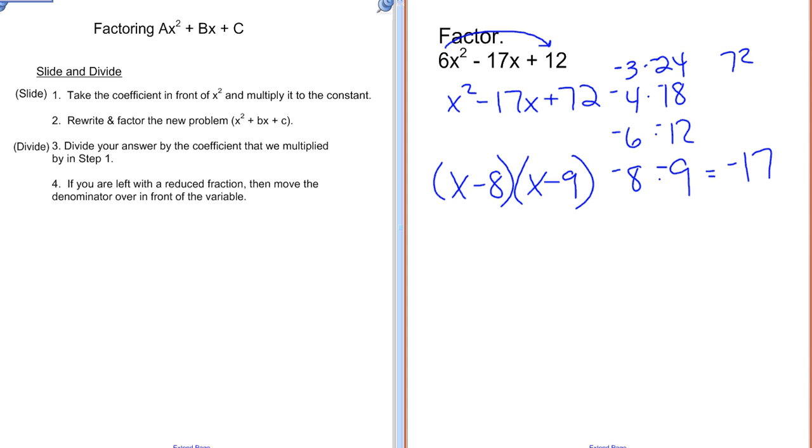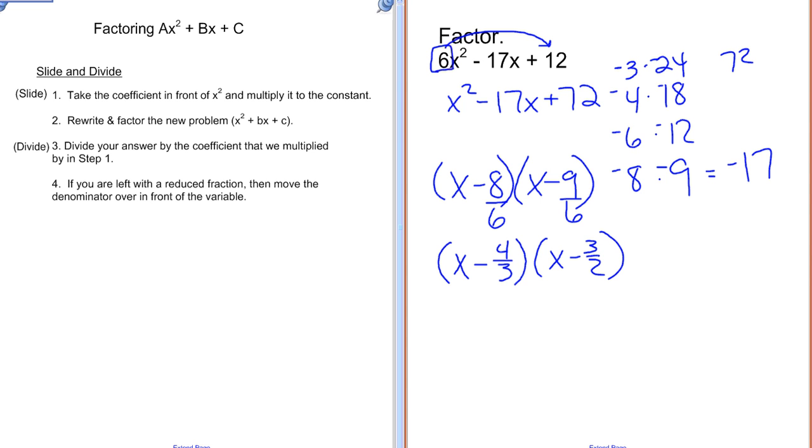And then now we've got to go back and we've got to divide by whatever we multiplied by in the beginning. So we're going to divide both of these by 6. Now, neither of these work out evenly, and so we're going to have to reduce our fractions here. So this is x minus 4 over 3 and x minus 3 over 2.